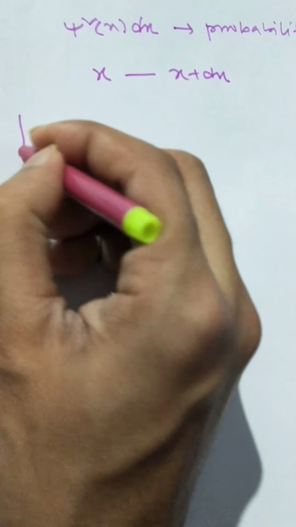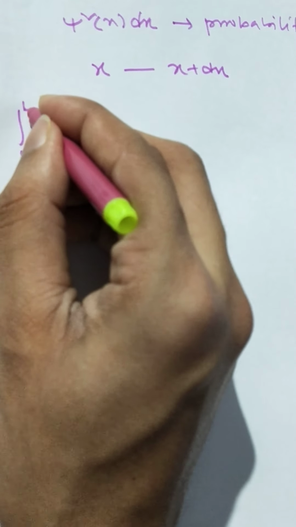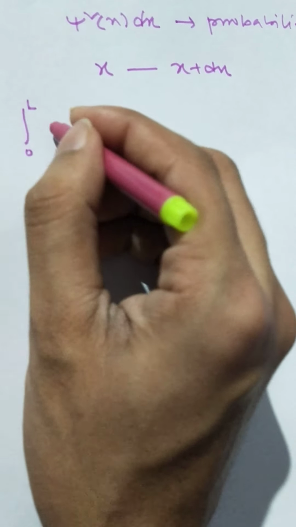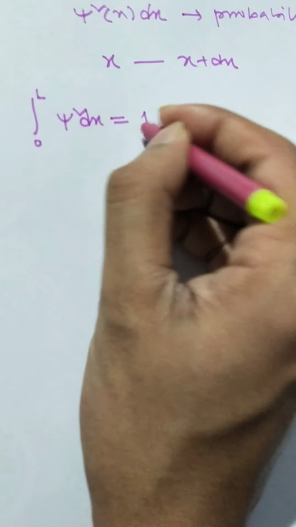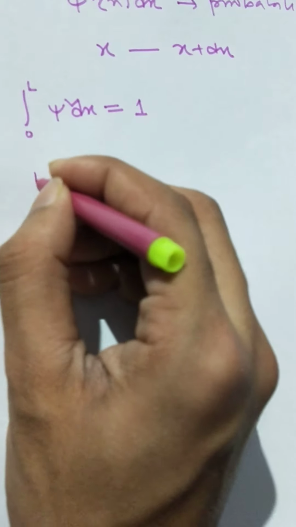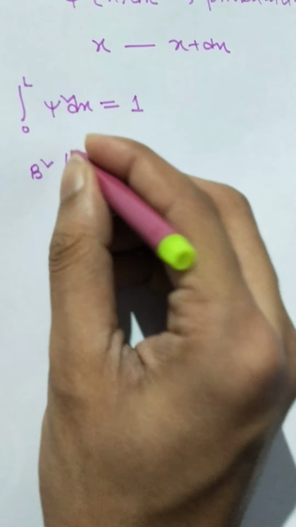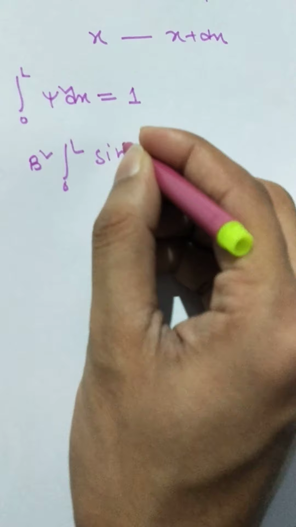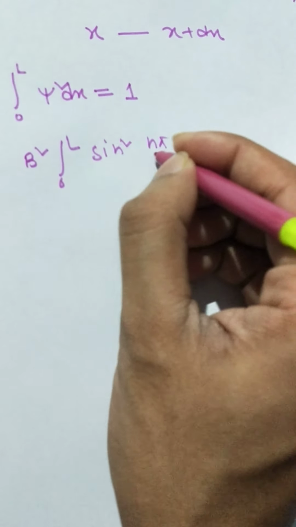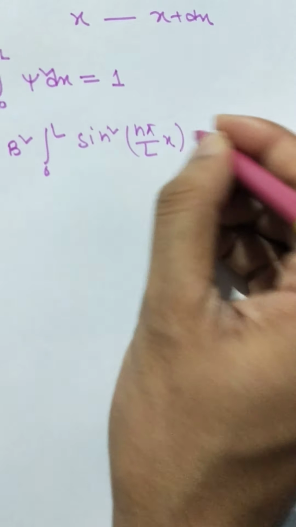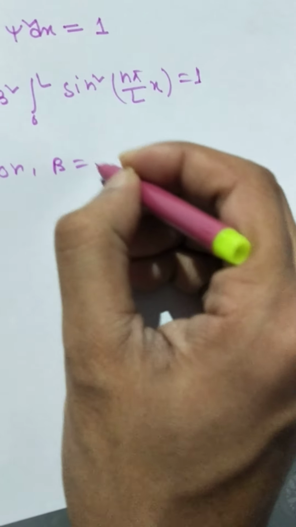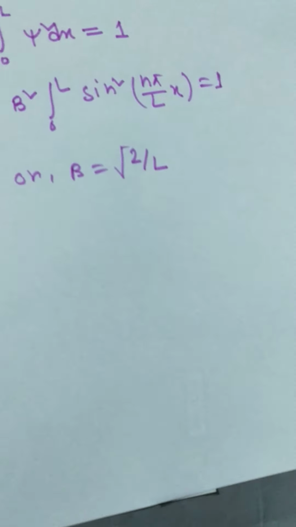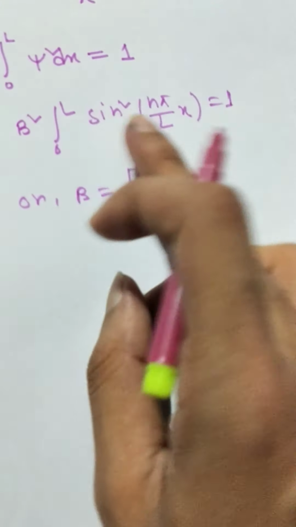So the total probability, with limits varying from 0 to L, of psi square dx equals 1. From here b square integral from 0 to L of sine square n pi by L x dx equals 1, so b equals root over 2 by L. Integrating this part we get b equals this.